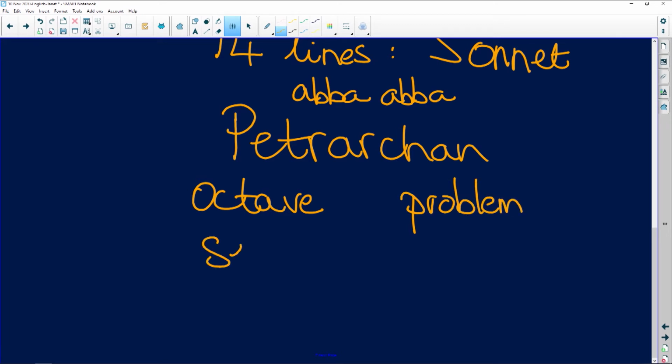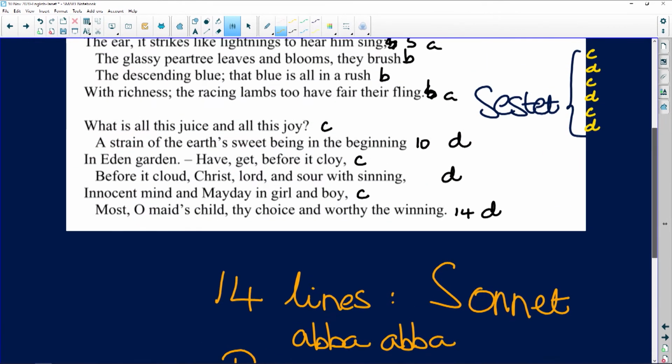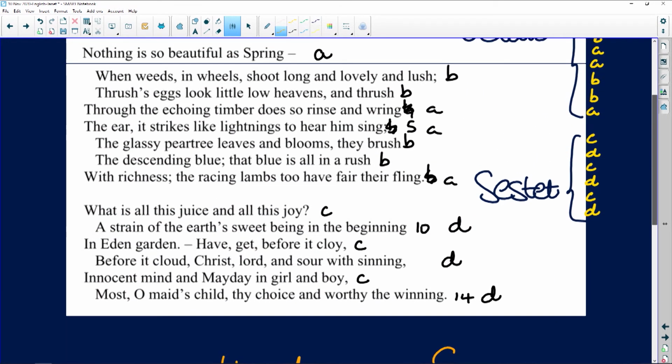And in the sestet, you normally have a solution. So do we have a problem in the octave and a solution in the sestet? No. So he is following some of the conventions but not the others.